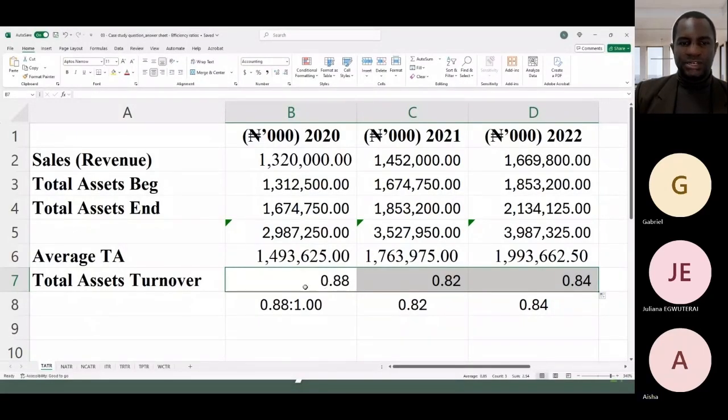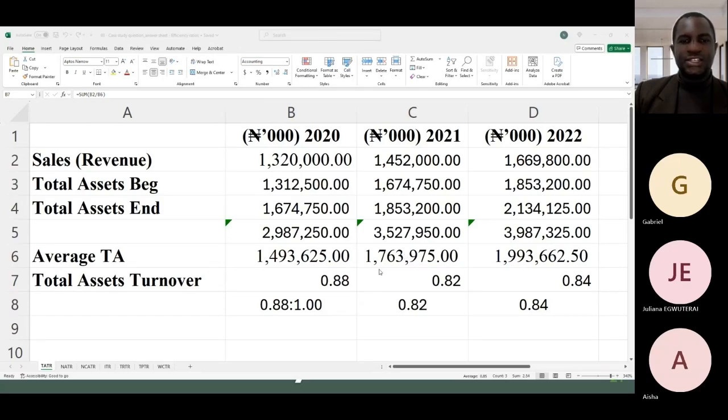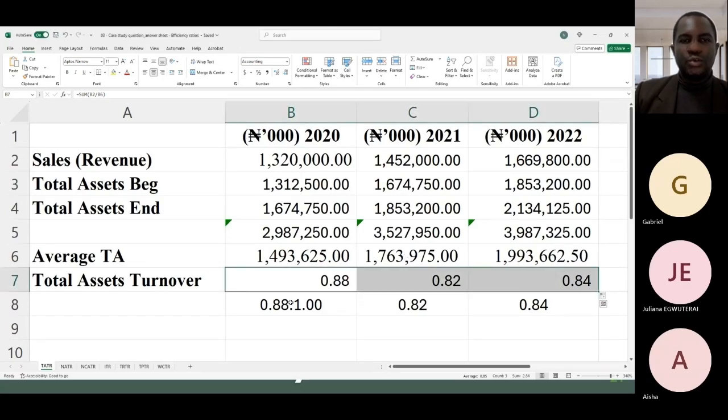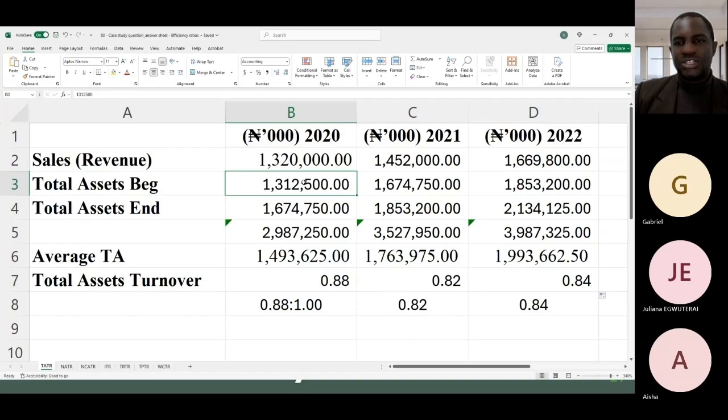They generated revenue as much as the total assets for each year. So I believe they are struggling. Management is struggling, and it shows underutilization of the assets. So 0.88 is low. Even if you use the total asset figure, you will see that it's the same thing. It will still be low. Maybe the percentages is about maybe 0.7, 0.6.